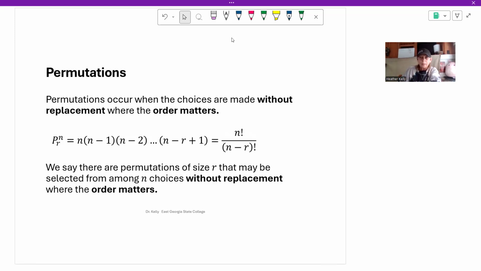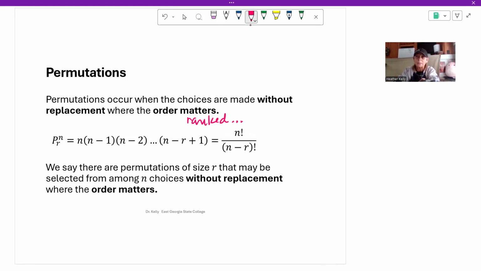Now, a lot of times when you hear me talking about the order matters, I might say something like it is ranked. That means that order matters if something is ranked. Like you'd rather win $100 than win $1, right? Well, order matters then if we're talking about prizes.